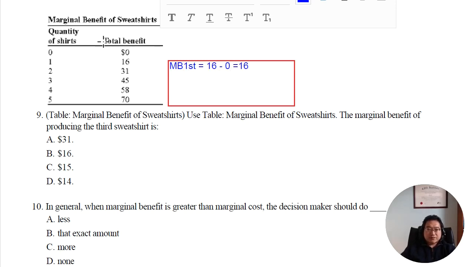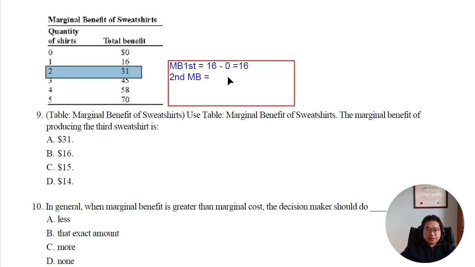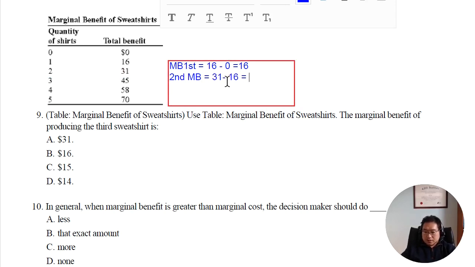Again, what we have is a column of numbers that is total benefit. So for the second one, the second unit's marginal benefit is what? Total benefit becomes 31. It's 31 minus 16, you got 15, right?